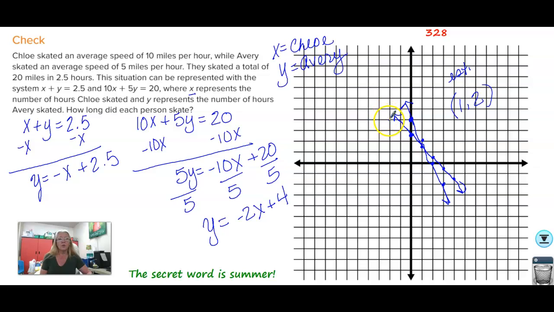All right, the teacher's edition says that 1.5, 2 is the point of intersection. So 1.5, 2, oh, my lines are so bad. Anyway, they're saying that Chloe is traveling 1.5 miles per hour and Avery is traveling 2. That wouldn't make sense because Avery was going slower, wasn't he?